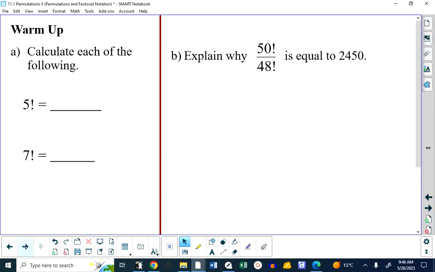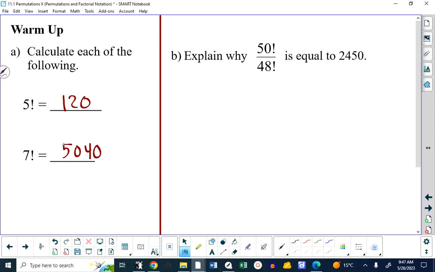So calculate the following. This is just getting you to use your calculator. I would like everybody to find 5 factorial. 7 factorial we've already done. It's 5040. I believe 5 factorial is 120. After a while, you know how in earlier grades in math you learn about squaring?